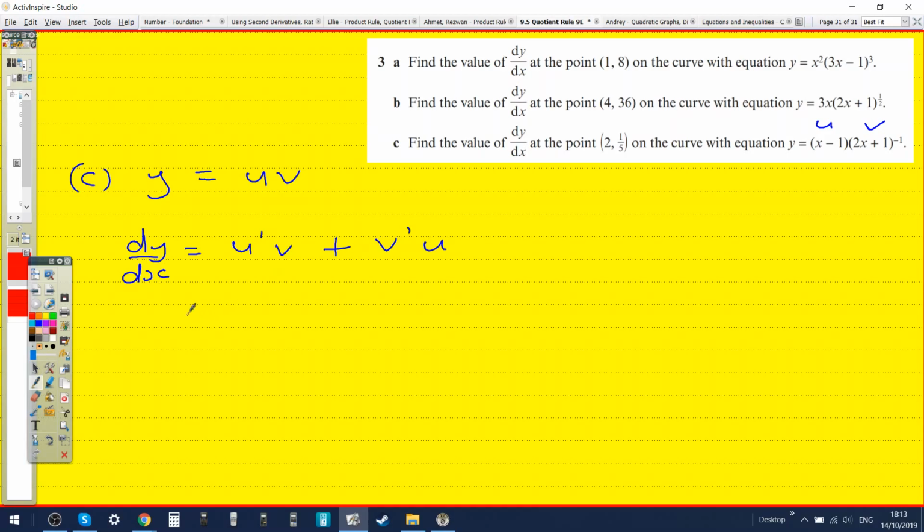Okay, so what is u dash times v? Where is minus 1 coming from? Where is minus 2 coming from?